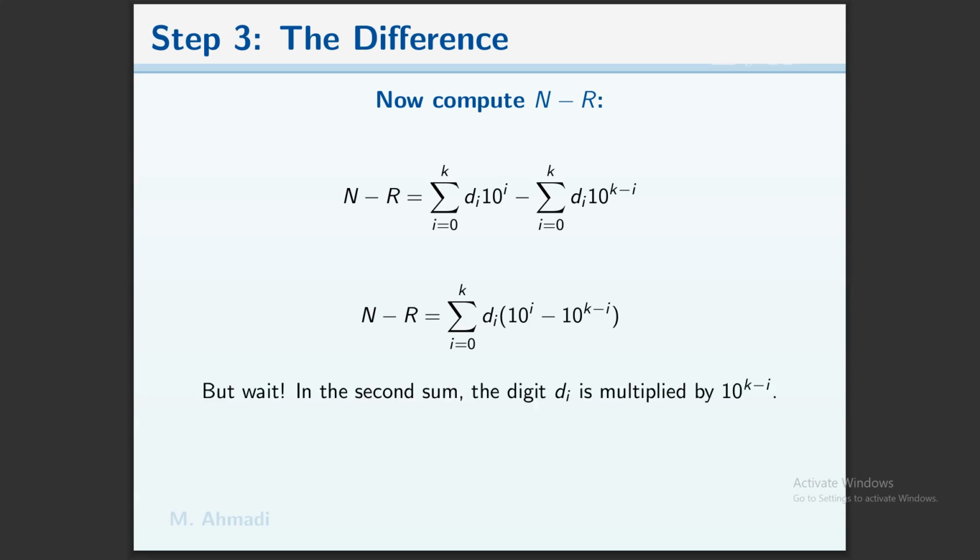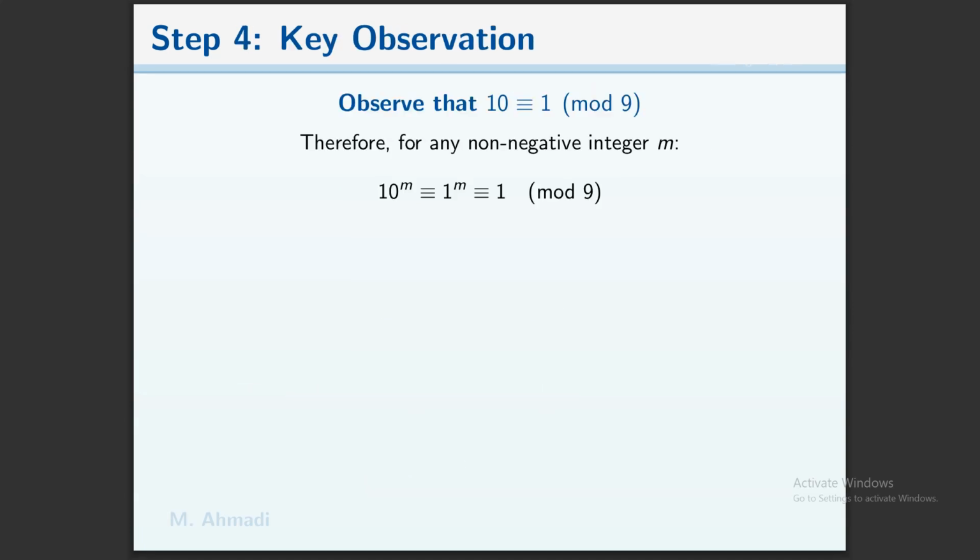But in the second sum, the digit di is multiplied by 10 to the k minus i. So we can write n minus r equals the sum of di multiplied by 10 to the i minus 10 to the k minus i, from i equals 0 to k.